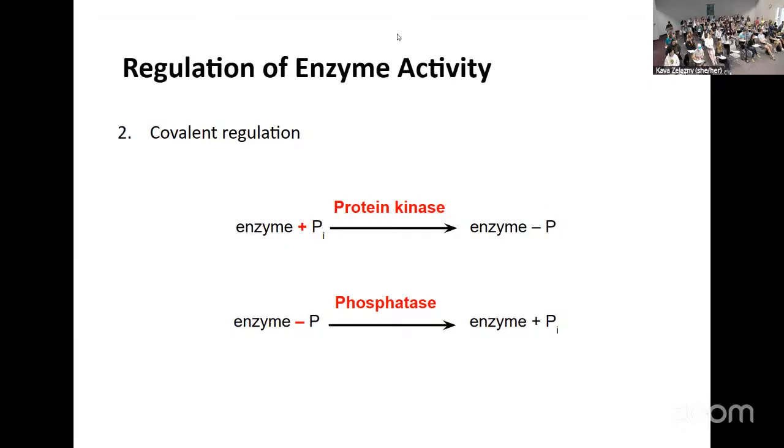So we're going to add a new covalent bond between our enzyme and this phosphate group. So that's a covalent bond here, not a minus sign. And our phosphatases are going to break those bonds, giving us just a clean enzyme without that additional old chemical group. So that's now separate.